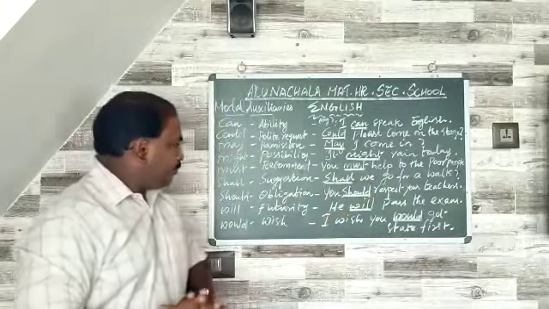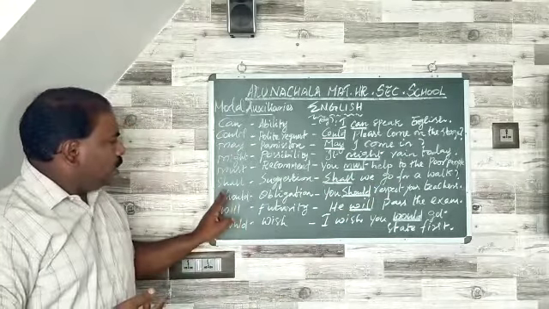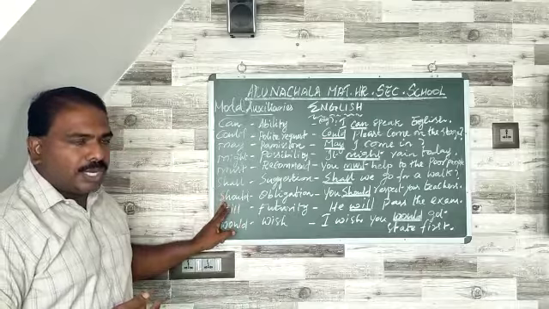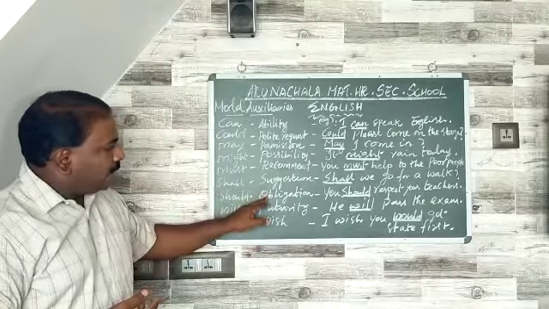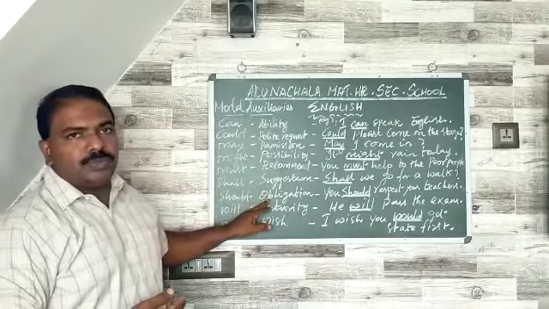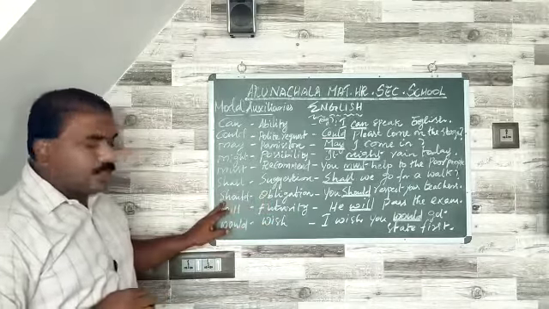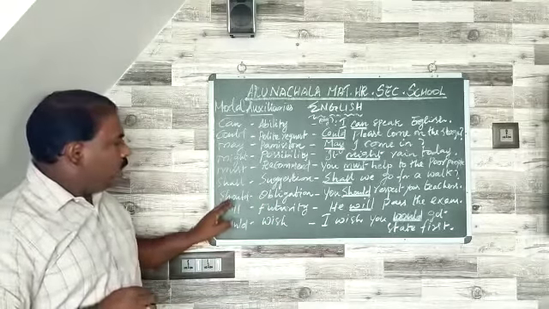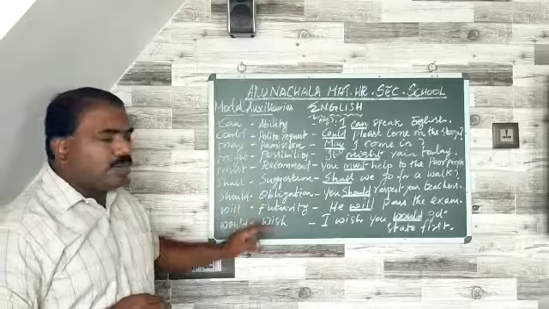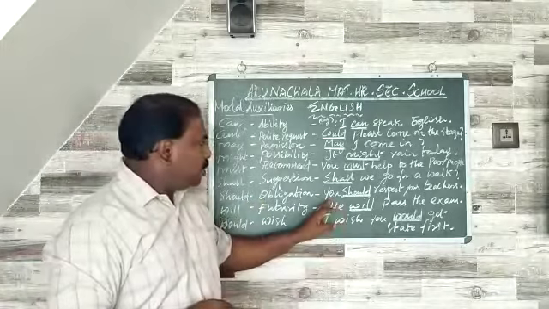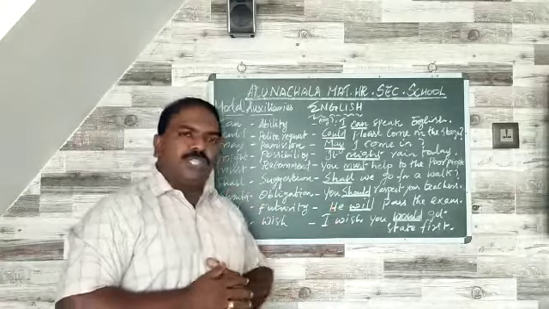Okay, just know it. Next one is should. That is a modal auxiliary, and the exact meaning we want to know is obligation. Should is very important. The relevant meaning is obligation. The example is, you should respect your teachers.